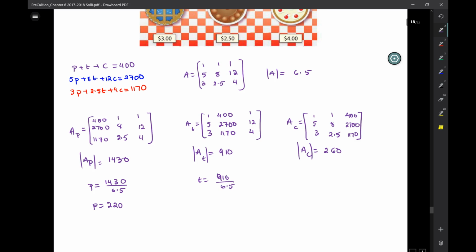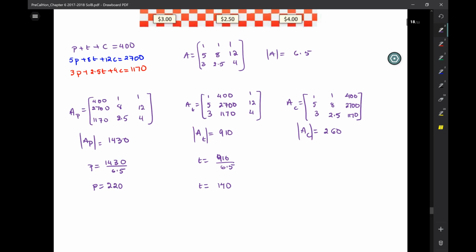910 over 6.5, how much is that? Okay, and now look, we didn't even have to calculate the determinant for C, because P plus T plus C is equal to 400, right? So how much is C?